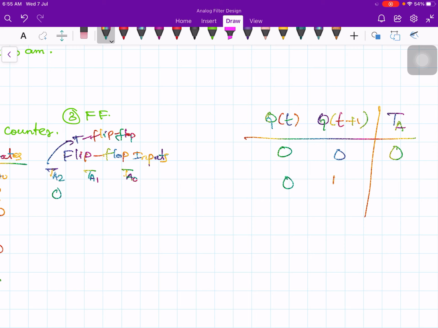If 0 to 1 toggle happens, therefore whenever you apply 1 to the T flip-flop, the present state will be complemented. And 1 to 0, present state is 1 and next state is 0. You are complementing the present state. So the input must be 1. And 1 to 1, no change, therefore this is 0. So this is the excitation table of the T flip-flop. It's very easy.